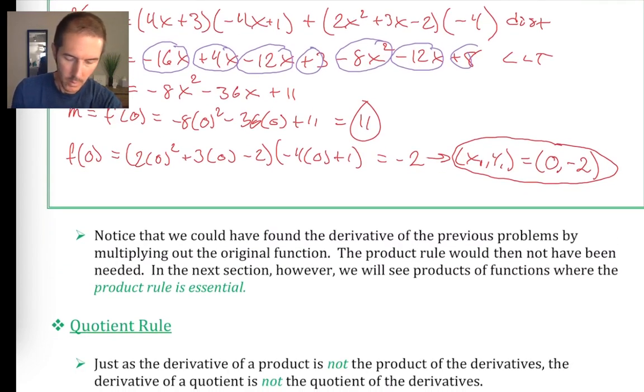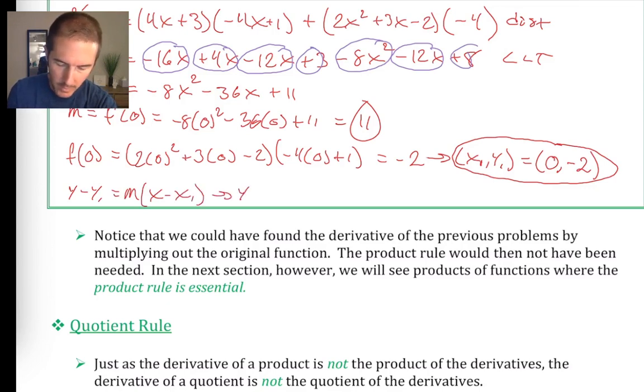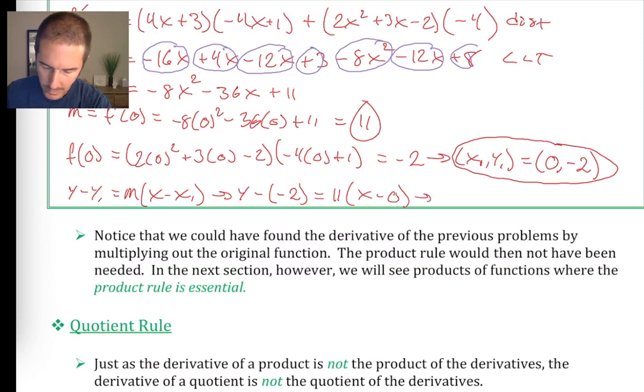So that is y minus y1 equals m times x minus x1. Let's plug in our values. Y minus y1 was a negative 2 equals our slope m, which is 11, times x minus our x1 value, which is a 0. And then we clean this up a little bit, and it turns into y plus 2 equals 11x.